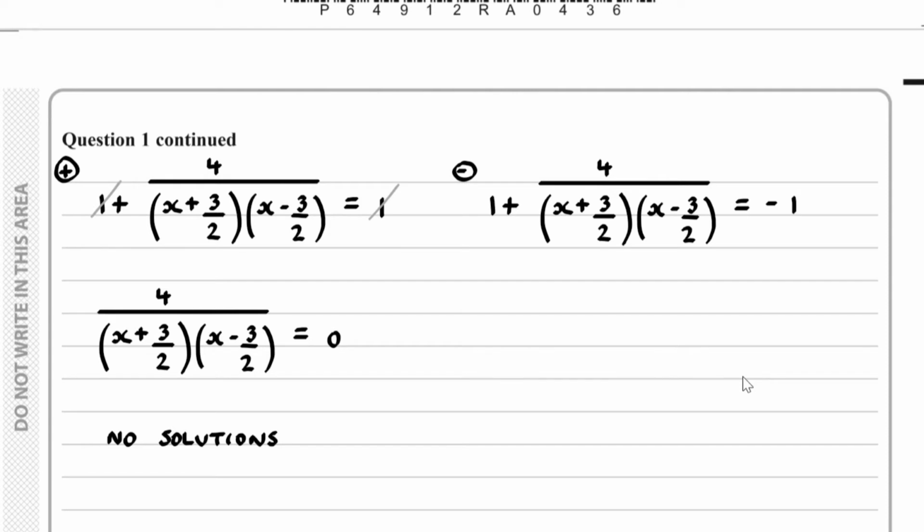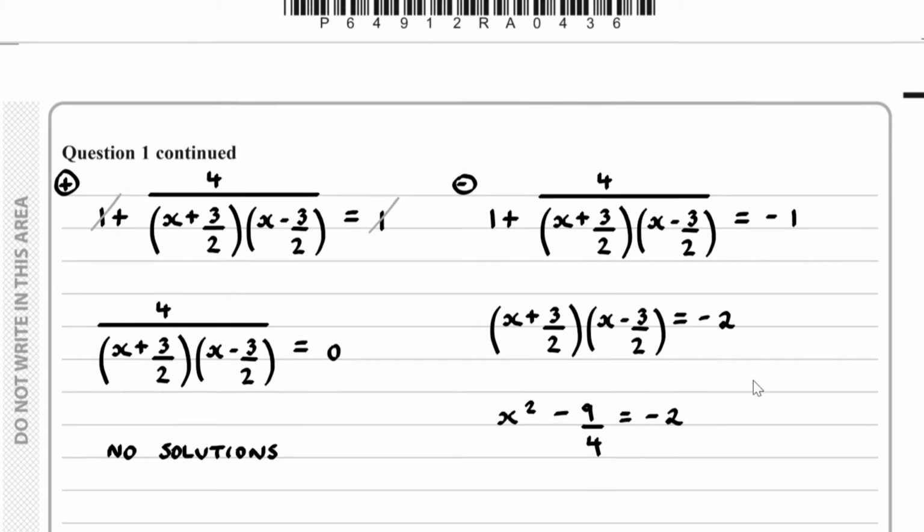And if we rearrange, we have x plus 3 over 2 multiplied by x minus 3 over 2 equals minus 2. So x squared subtract 9 over 4 equals negative 2.